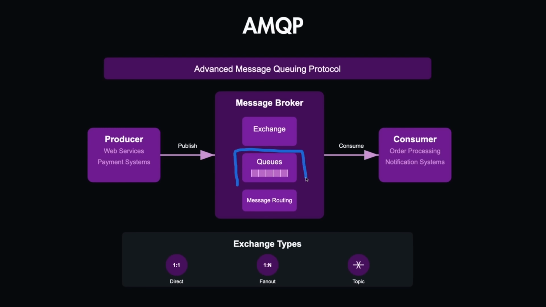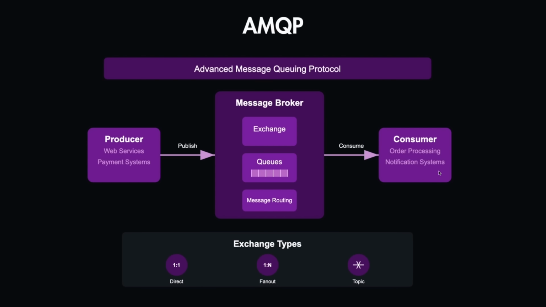You have queues in the middle. Let's say one of these queues is for order processing. So whenever a new order has been placed, the producer publishes a message to this queue. And then whenever this consumer is free, it can pull messages from this queue and start updating the inventory and data in the database. This allows the consumer to only pull data from here whenever it has capacity.